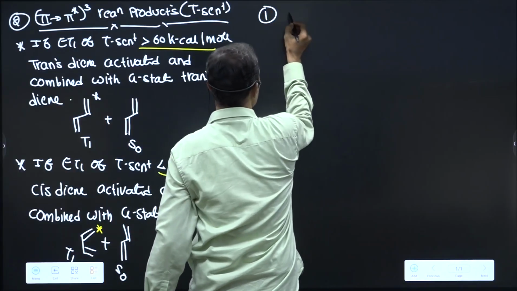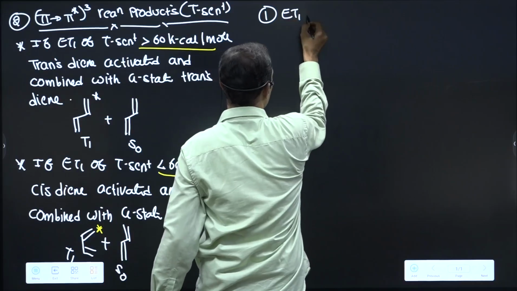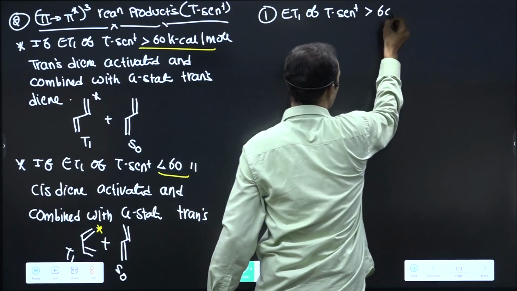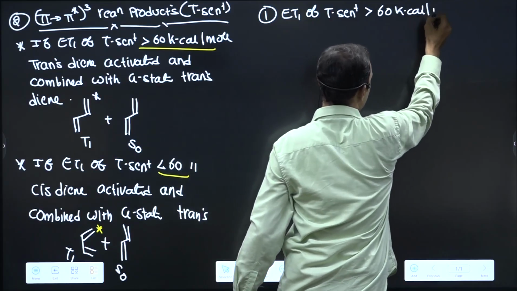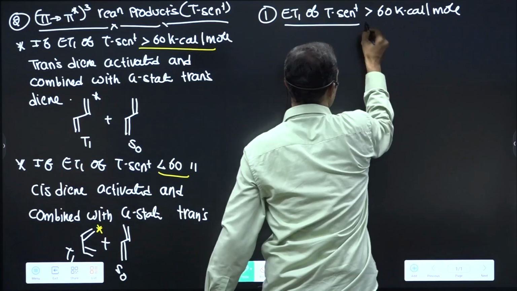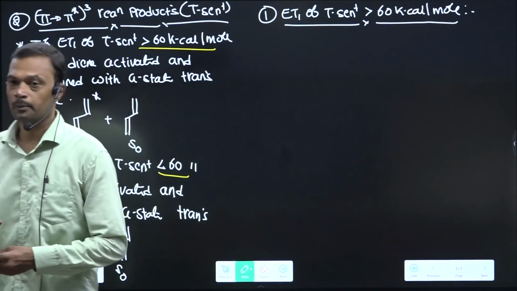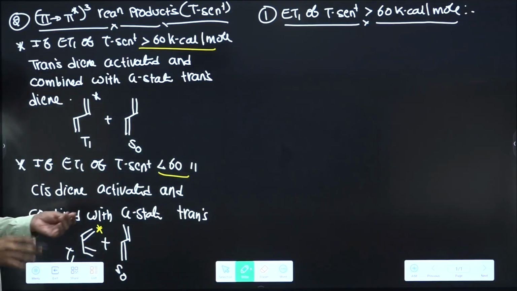Your first case: ET1 of triplet sensitizer greater than 60 kilocalorie per mole. What happens if I take a triplet sensitizer value of more than 60 kilocalorie?